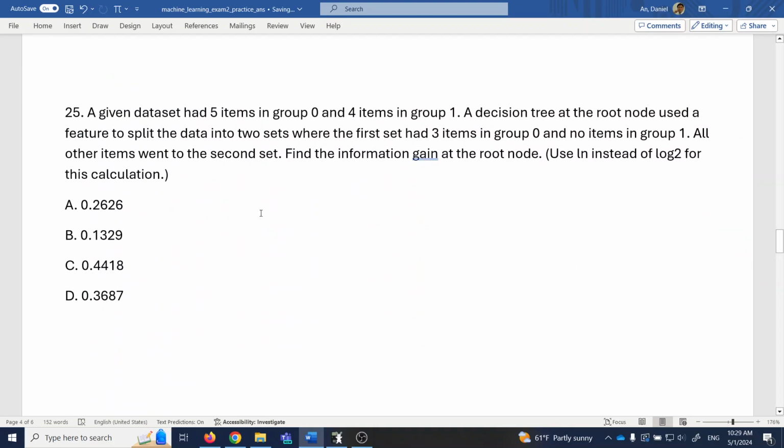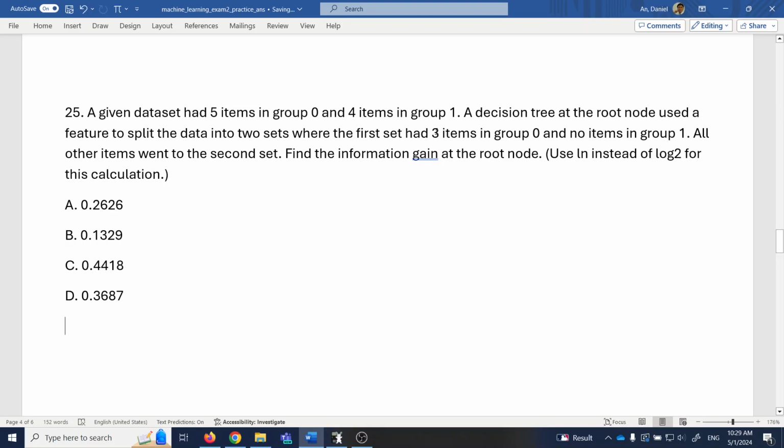Okay, a given data set has 5 items in group 0 and 4 items in group 1. Then a decision tree is being built, and at the root node, it uses some kind of feature. We don't know what it was, but the result is that it split the data into 2 sets. One had 3 items in group 0 and no items in group 1, which means that it will be a leaf node because once it's in that position, we know that everything should be in group 0.